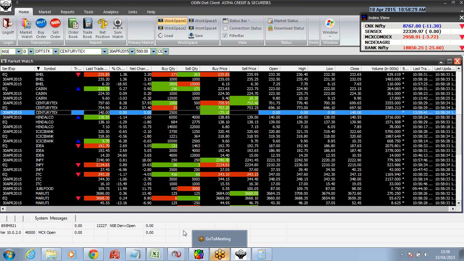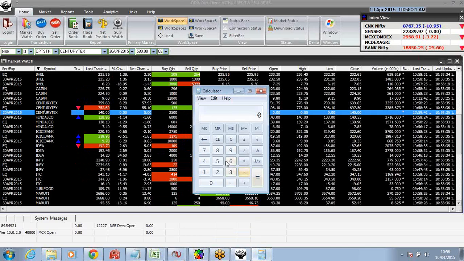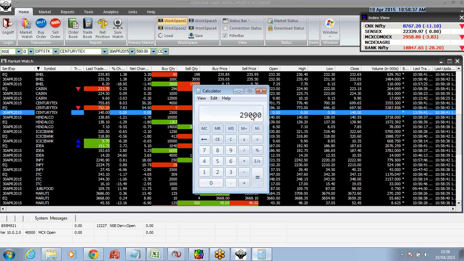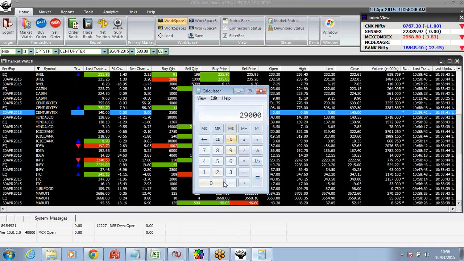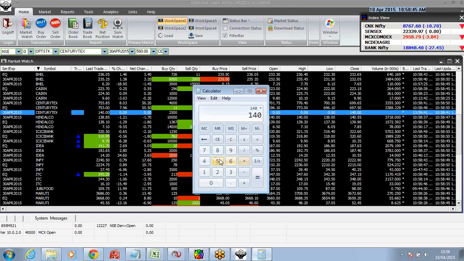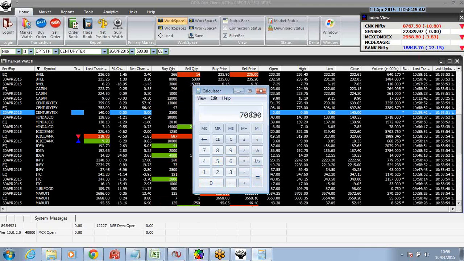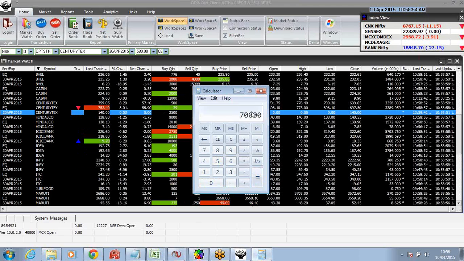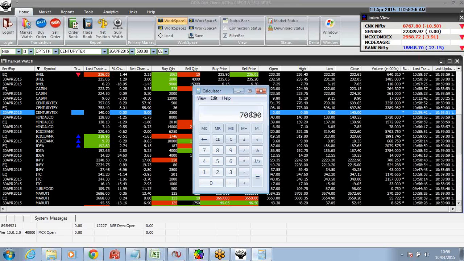So 58 into 500, let's say. Around 29,000 rupees is my investment on each lot, and I have made a profit of 140 into 500, 70,000 rupees. That's almost triple the investment, a very good profit.